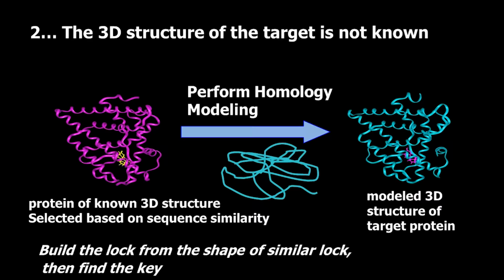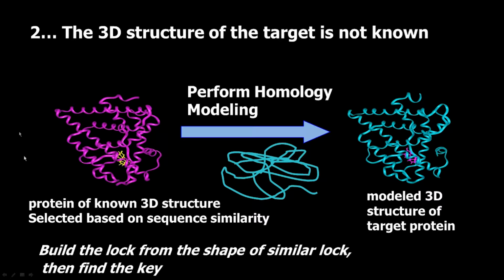The homology modeling is created with respect to another protein which has a sequence similarity. We talked about sequence similarity some time back. It is like building a log from the shape of similar logs. There is one log I have, I want to build based on some other similar log. Once I do that, the target protein 3D structure is built.